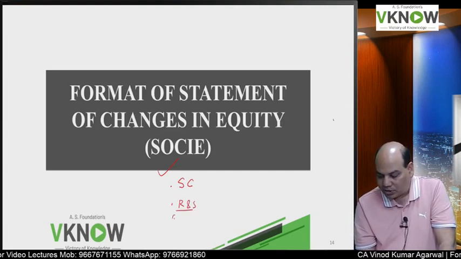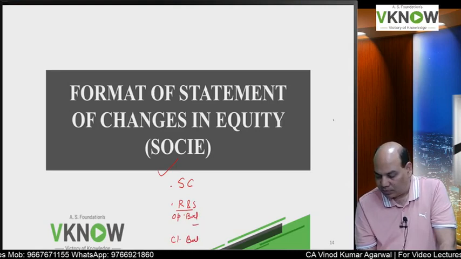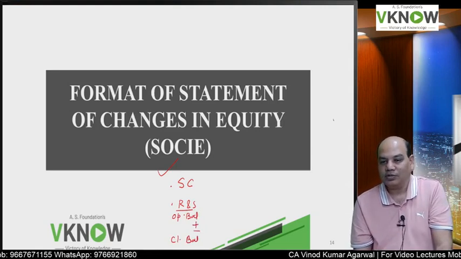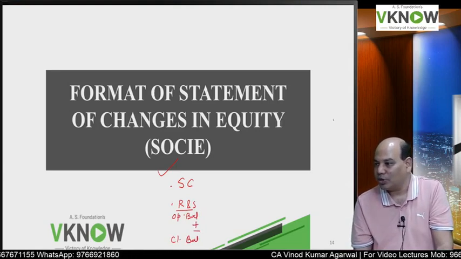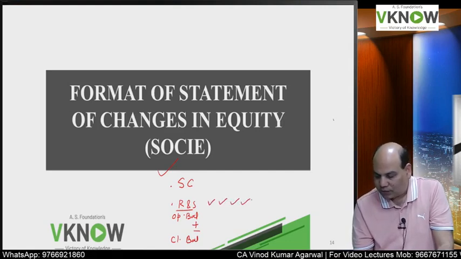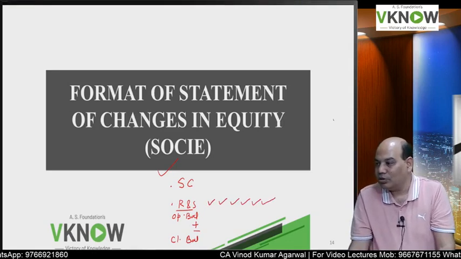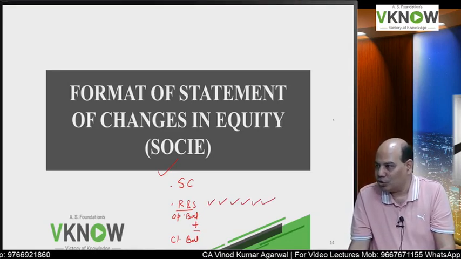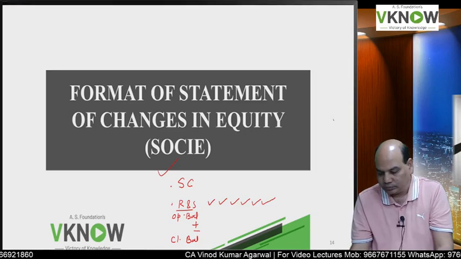Reserve and surplus basically will start with opening balance and reach the closing balance by adding, deducting whatever changes have happened during the year, and it will be divided into several columns depending upon how many types of reserves you have.